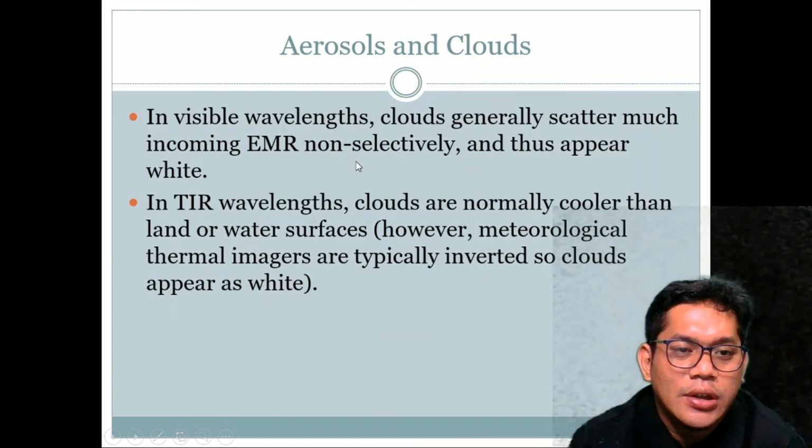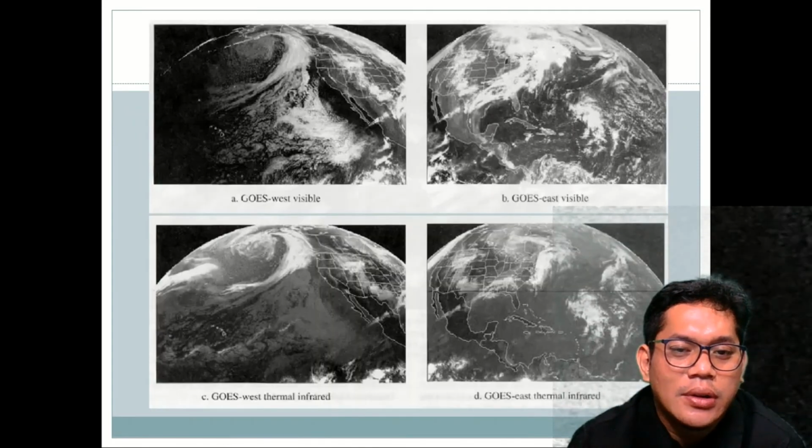So in the visible wavelength, it's quite difficult to show the exact one, it only appears white. However, for the thermal infrared wavelengths, clouds are normally cooler than land or water, and it shows you a darker color of the cloud.